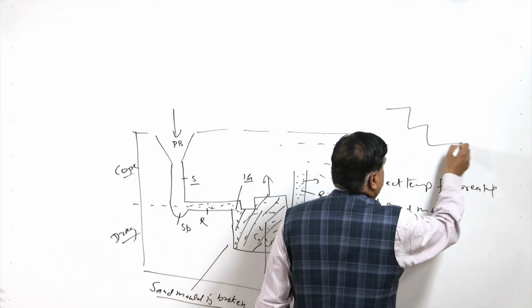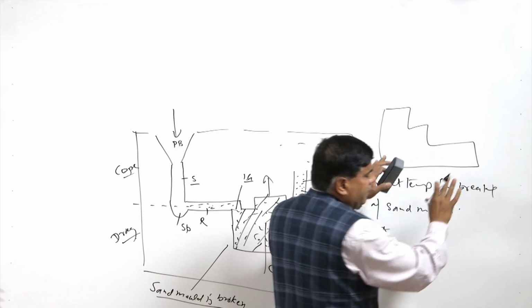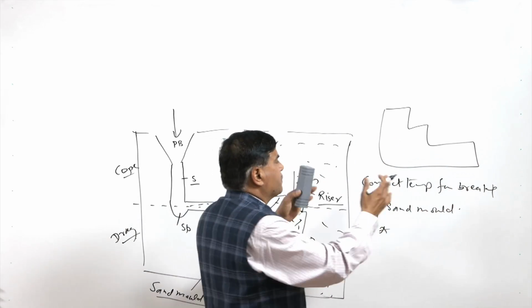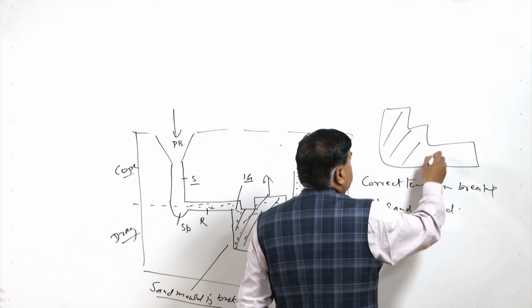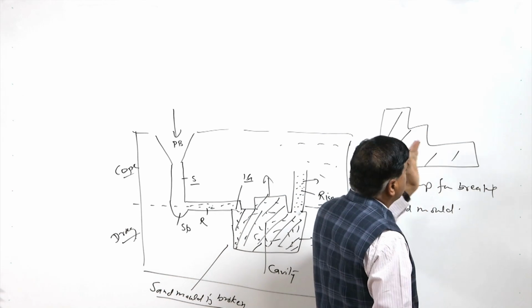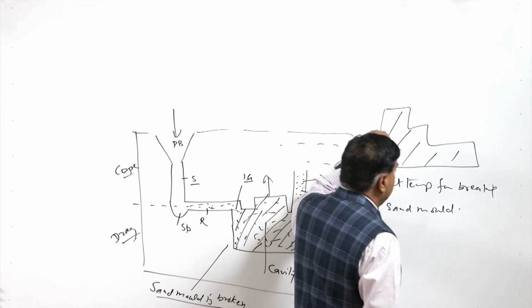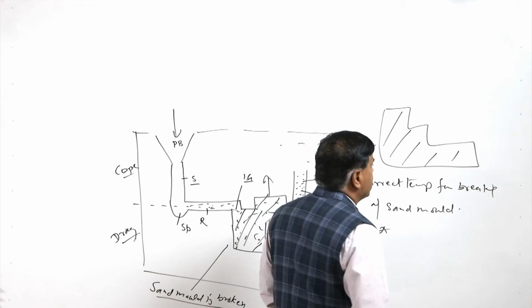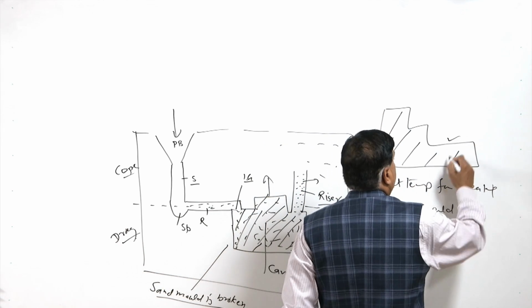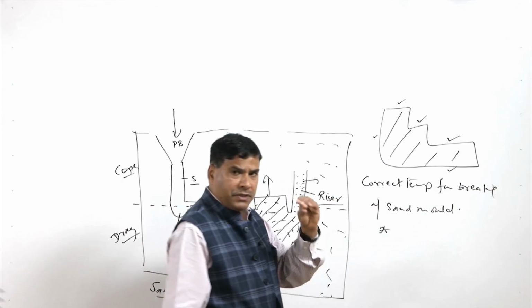Say the casting is like this. After the breaking of the sand mold, when it is exposed to the air, the different sections having different sizes, those which are thin, will be cooled rapidly as compared to the other heavier sections. Similarly, the skin of the casting will be cooled at a much faster rate than the material in the core.